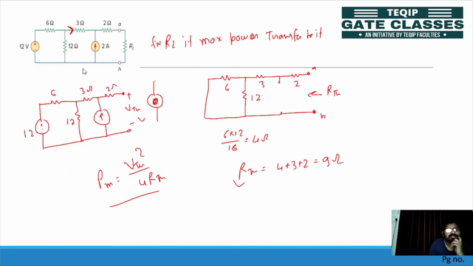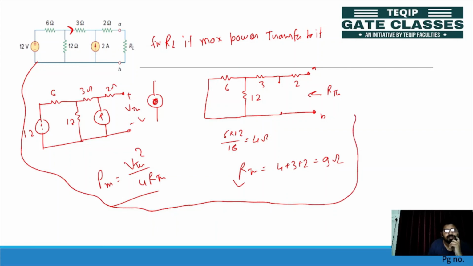In that case, your RL is not this load, because maximum power is transferring to this 3 ohm, and your RL will be equal to RTH. So you have to calculate RTH at this terminal, at this 3 ohm terminal.